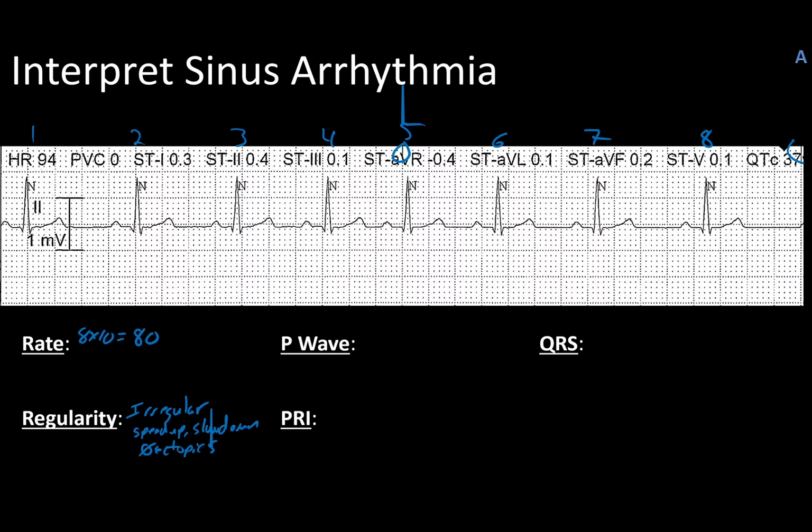Now, if I really wanted to prove what was going on, let's go ahead and check our rates against one another, shall we? So we'll take beats 4 and 5 and we'll measure across from them. And what I get is exactly 15 small boxes: 5, 10, 15. So 4 to 5 is 1500 divided by 15 equals 100.